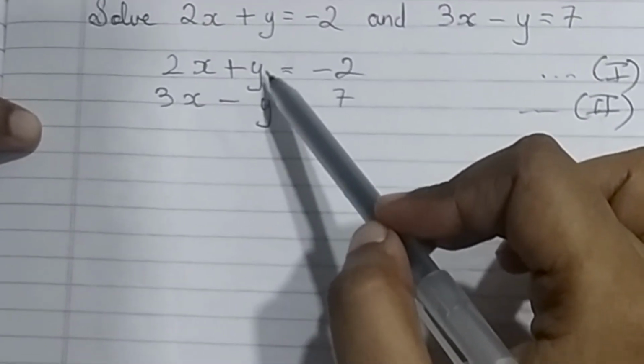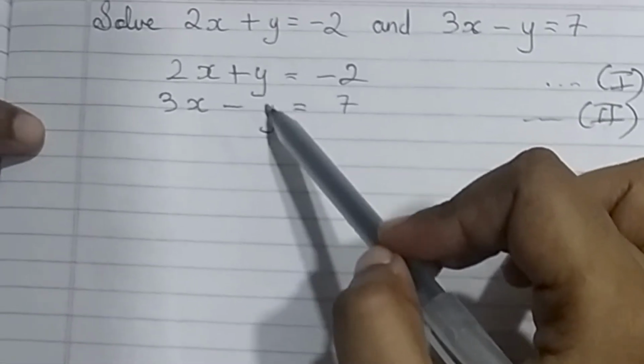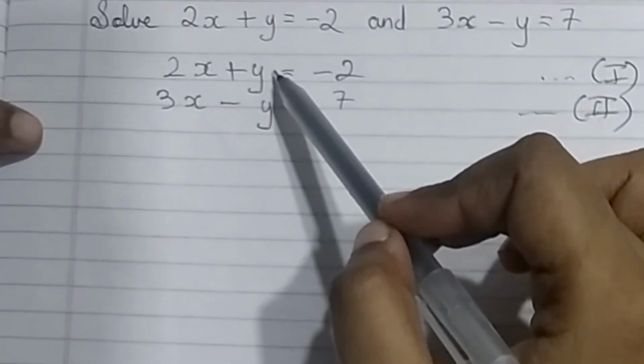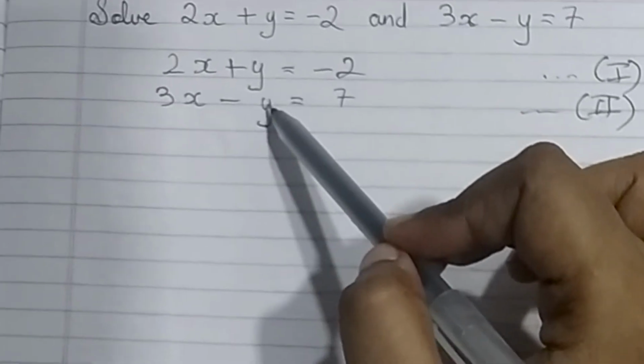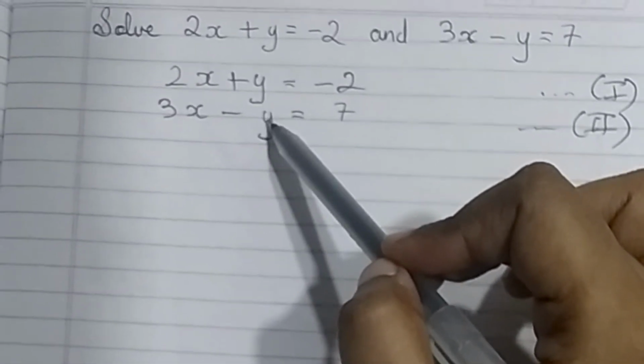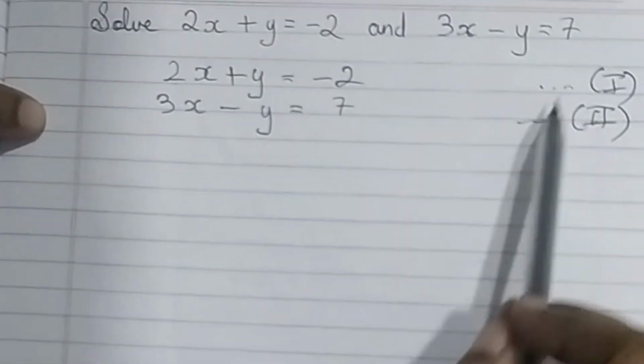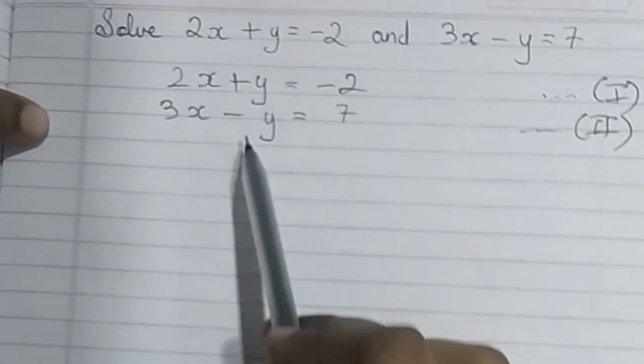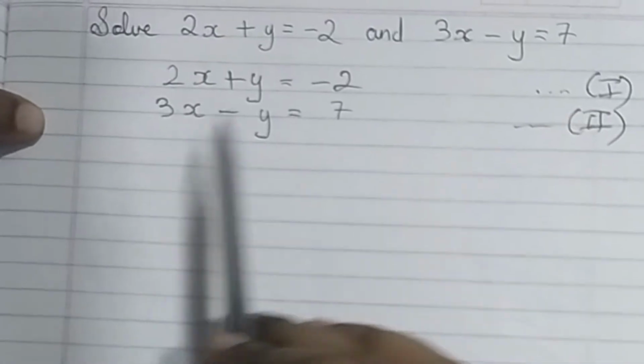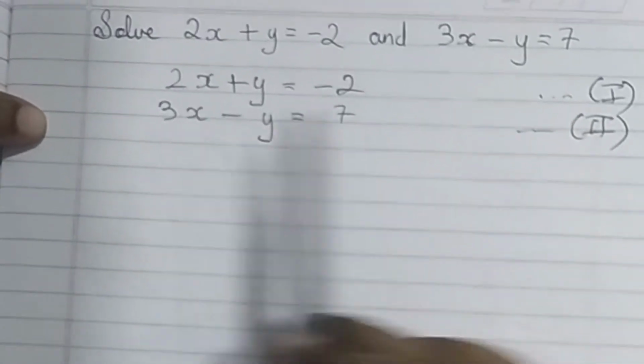The coefficients of y are opposite numbers. In the first equation the coefficient is plus 1 and in the second equation it is minus 1. So if we add equation 1 and 2, then y will get cancelled. That means the y variable will get eliminated.